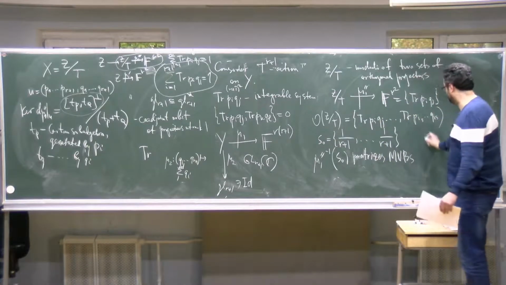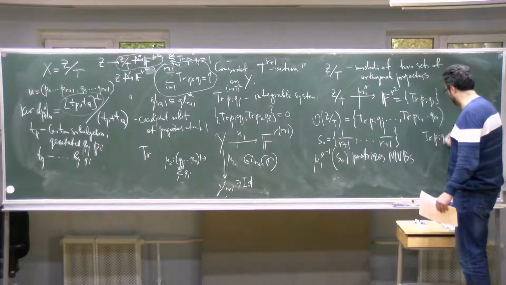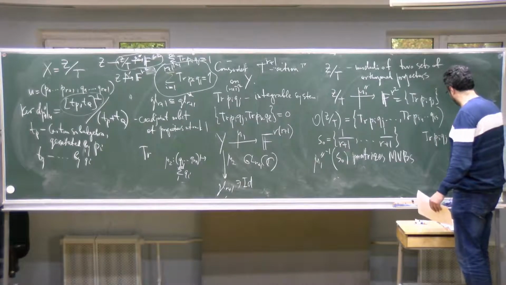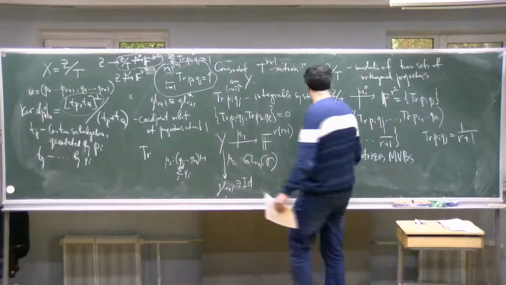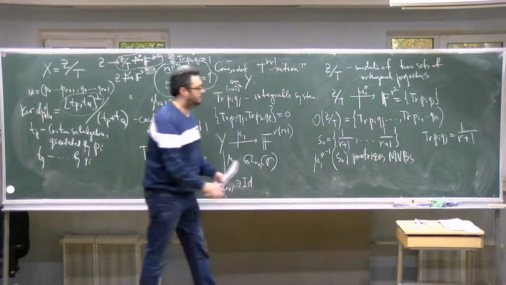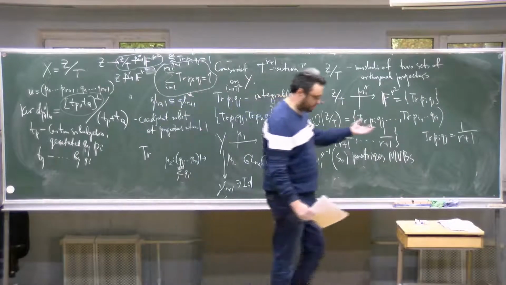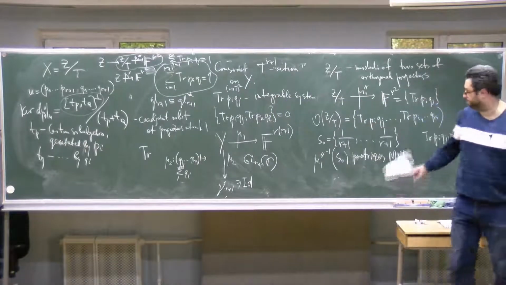Recall that the condition trace pi qj is 1 divided by r plus 1 defines the algebraic version of MOOPs.